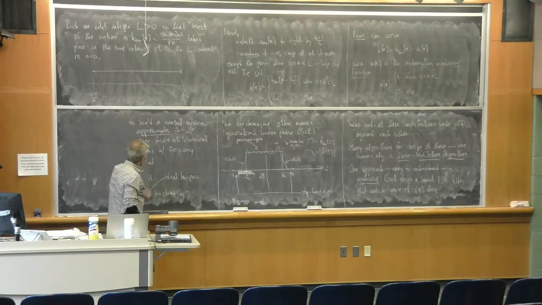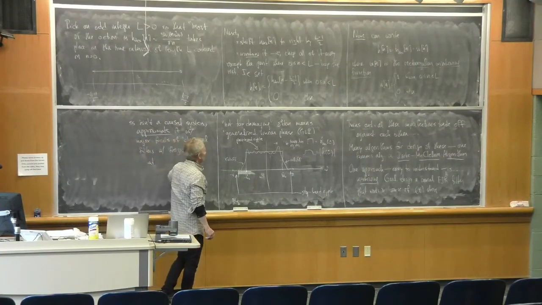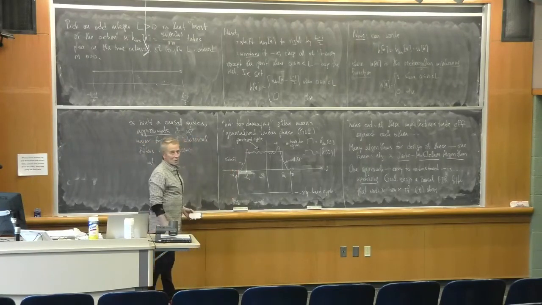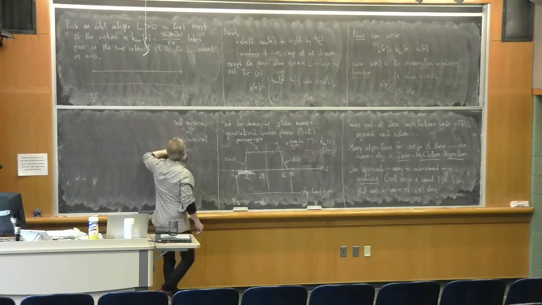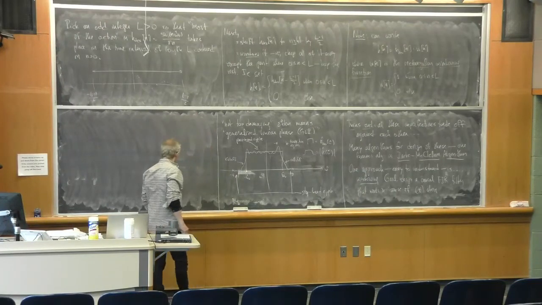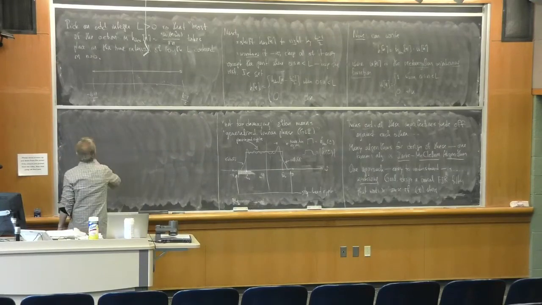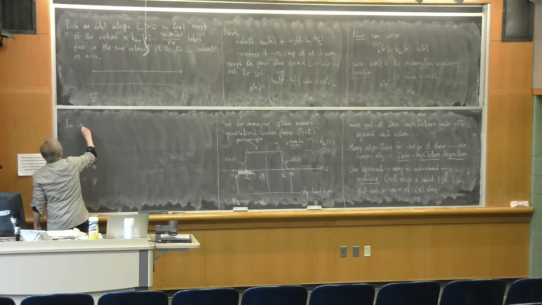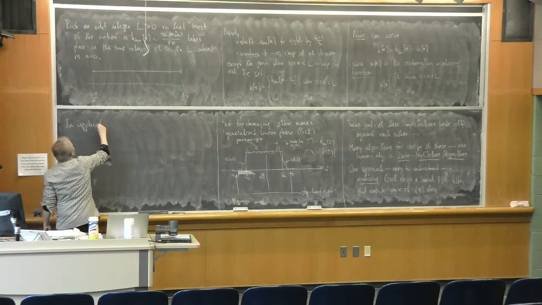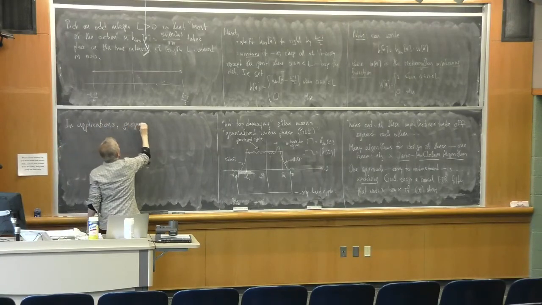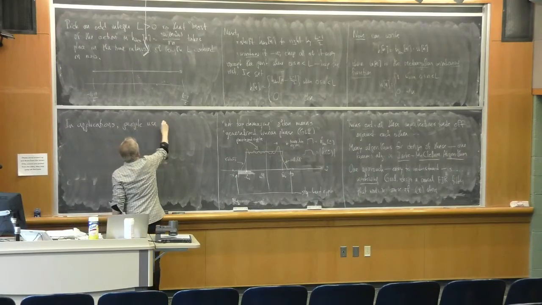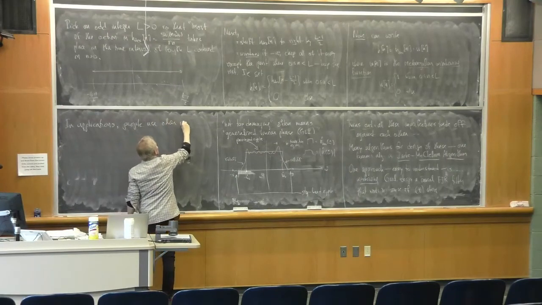So in practice, there are reasons associated with the trade-offs between the ripples and the transition width and all that stuff for using other windowing functions. So in applications, people are always coming up with new windowing functions.